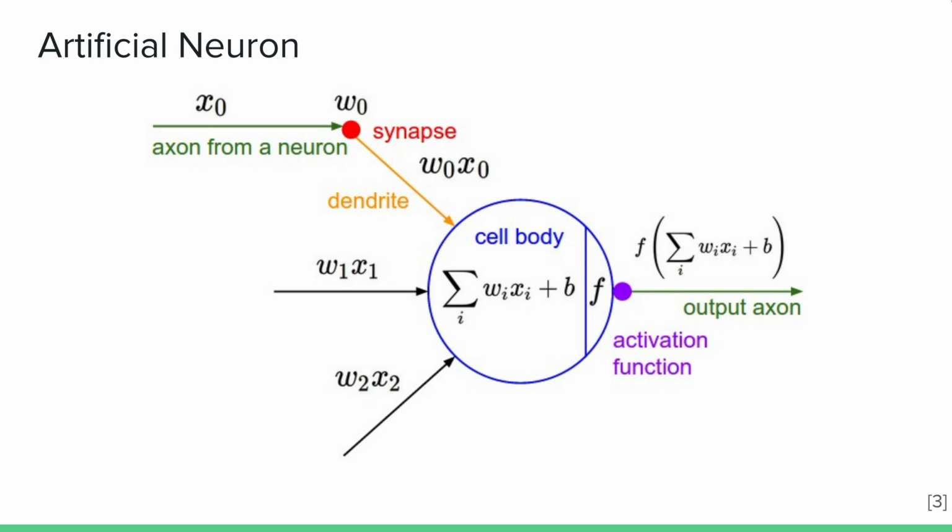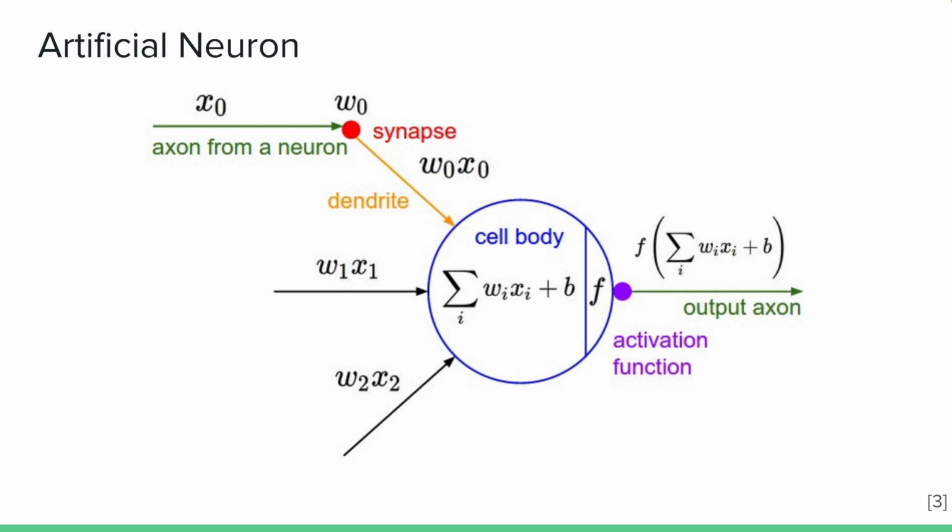In our artificial neuron, we have a very similar structure. We have the body, which does some computation, and we have some inputs, our dendrites. In this case, you have x0, x1, x2 as input values, which are weighted by some values, w0, w1, w2. And you can perform a certain computation here.